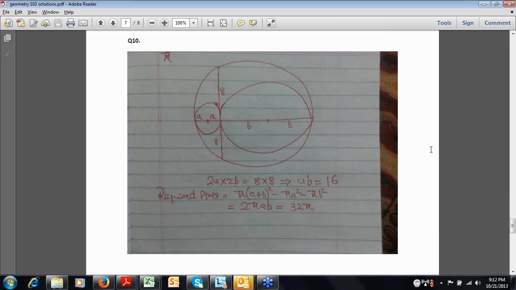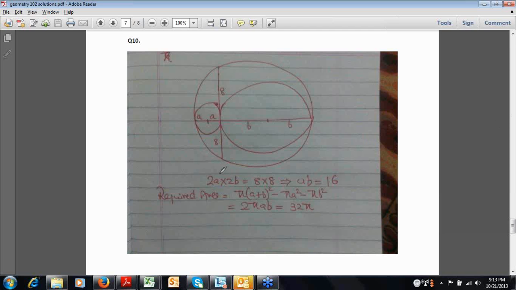Now some people are asking why 2A into 2B is equal to 8 into 8. Now you need to check all the circle theorems once again.